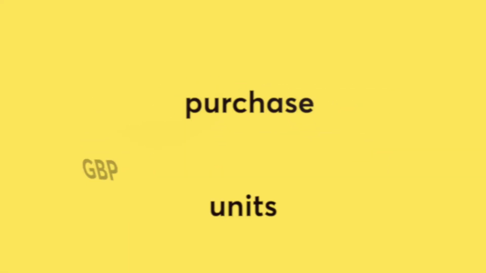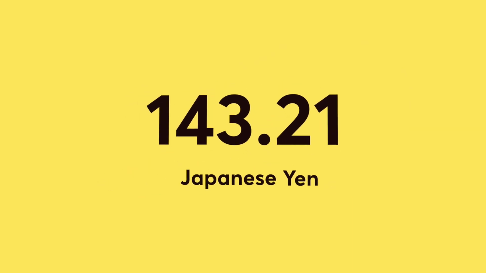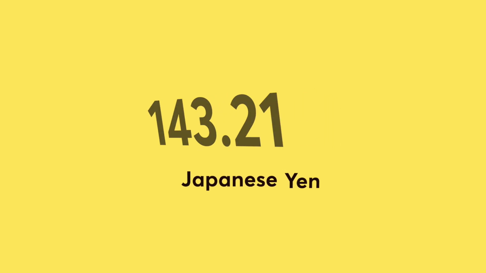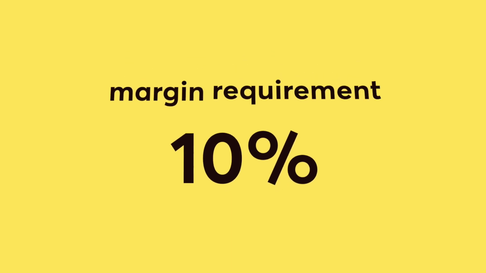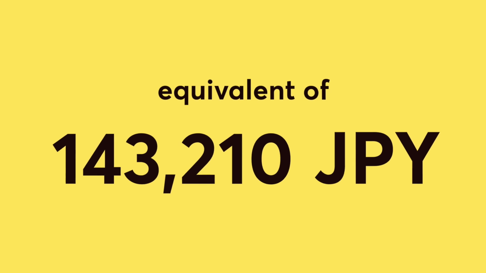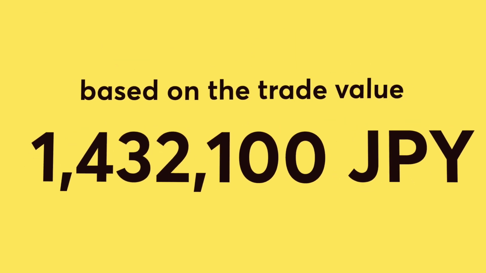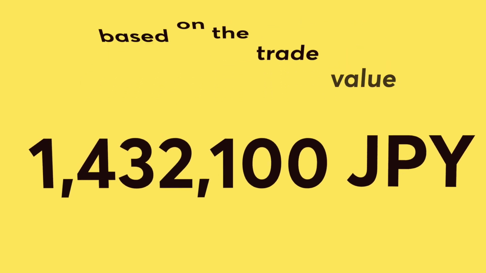So, a trader looking to purchase 10,000 units of the GBP JPY currency pair at an exchange rate of 143.21 Japanese yen for each unit of British pounds and at a margin requirement of 10% will have to use the equivalent of 143,210 JPY as margin based on the trade value of 1,432,100 JPY equal to 10,000 British pounds.